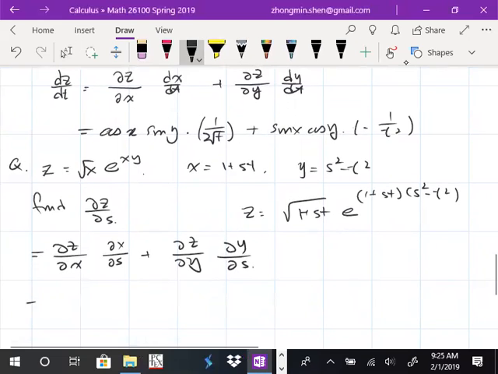Now, the derivative of z with respect to x is a little bit complicated. Differentiating the square root of x gives this, plus the derivative of e to the xy, which is y times e to the xy.